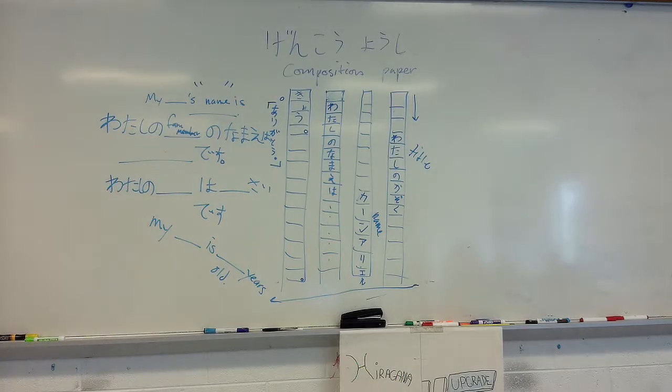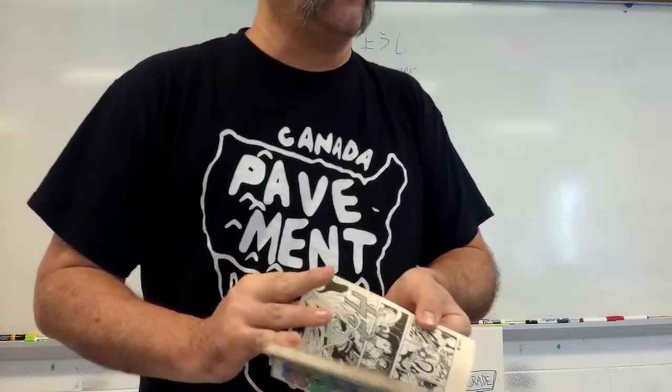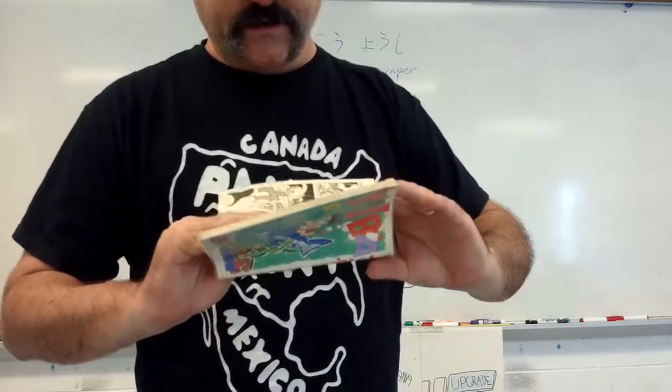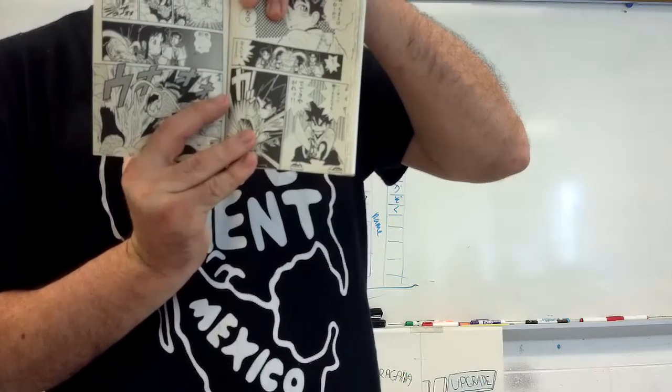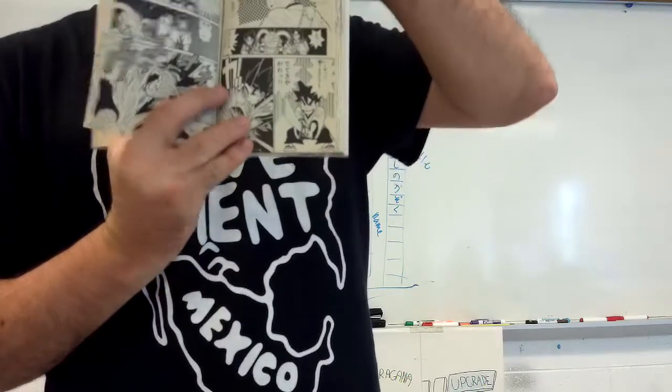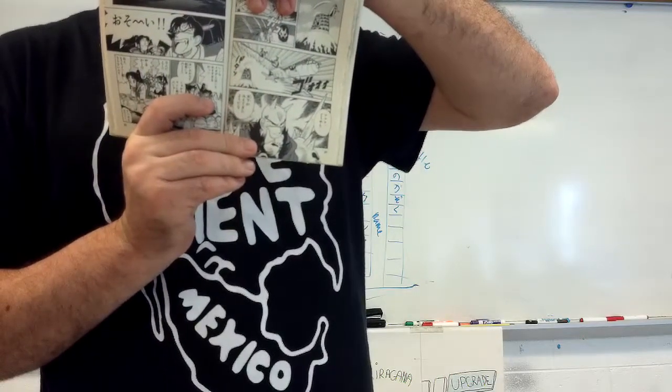Manga will use it as necessary. Okay, they'll use horizontal or vertical as necessary. So you can see a lot of vertical use, but depending on the art, you also have some horizontal use.